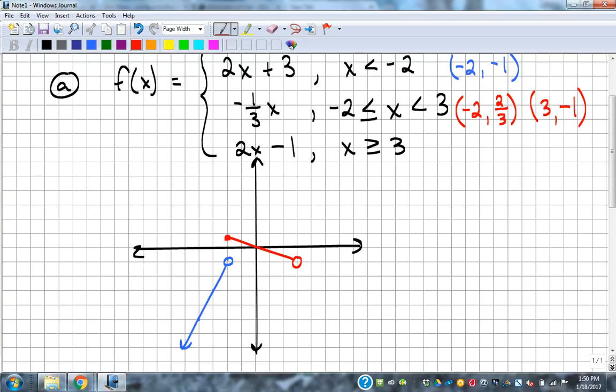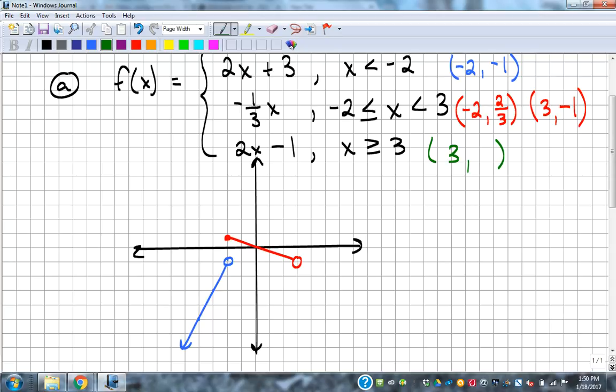Piece number 3. Get the important point for piece number 3. What's the x value of the important point for piece number 3? It's 3, because that's the number that's in the inequality. I'm not pulling those out of nowhere. I'm getting them from these, and they'll be given to you. Okay.